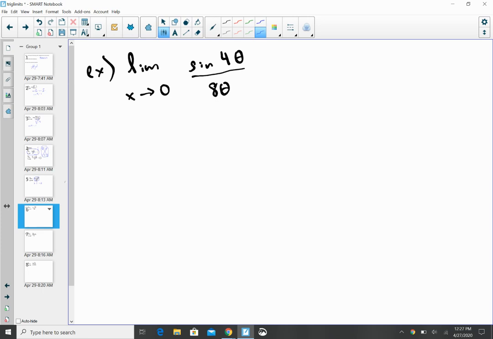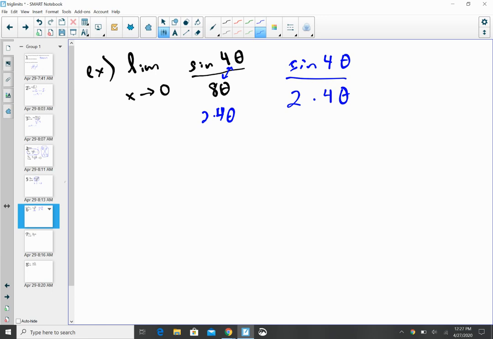Okay, so here's one. Now we want these guys to be the same. Here's a case where in the denominator, I've got too much. I've got 8 theta. I only need 4 theta there. Wait a second. Isn't 2 times 4 equal to 8? Sure it is. So let's pull that apart so that we have sine of 4 theta on the bottom, and on the top, we have 2 times the 4 theta.